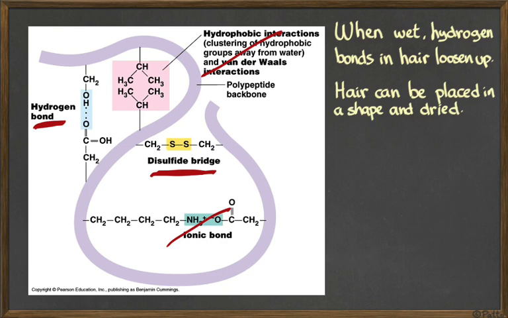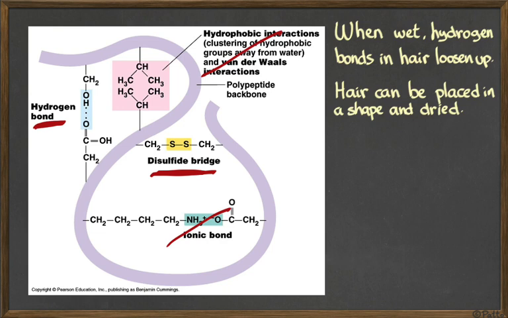What have they done? They have wetted, loosened the hydrogen bonds, put the hair in the position you want, dried it, and remade the hydrogen bonds in the position you want. So the hair now gets curly. The opposite is also done. You wet your hair and you dry it, pressing it with a hot plate. You dry the hair straight, and then when the hair is dry, the hair got straighter.